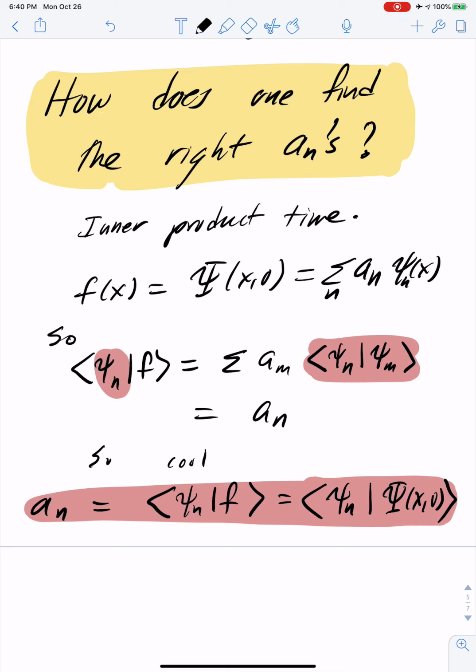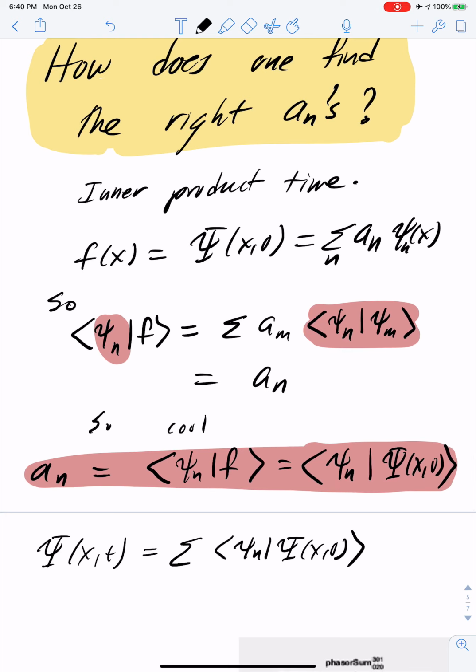So if we write that out now, psi of x at a general time is going to be the sum of all these a sub n's. If we want, we can write this in all its glory. So that's the a sub n. And then we have psi sub n of x, and of course the time-dependent part. And that's your general solution.